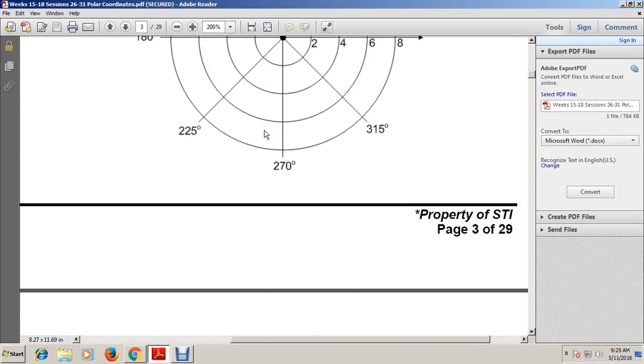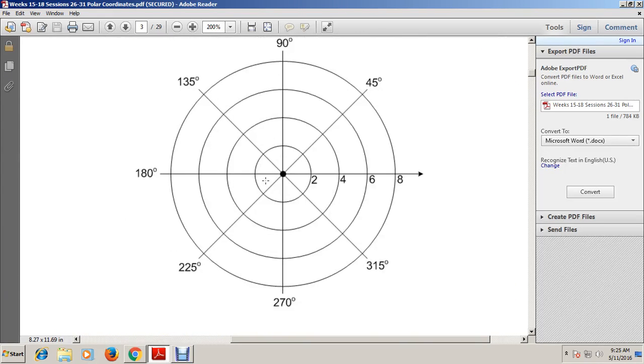So going back to our polar coordinate system, its corresponding x and y values for cosine and sine are the same as those of the 45-degree angle. And remember in your trigonometry that the cosine of 45 degrees is equal to square root of 2 over 2, and its sine is also equal to square root of 2 over 2.